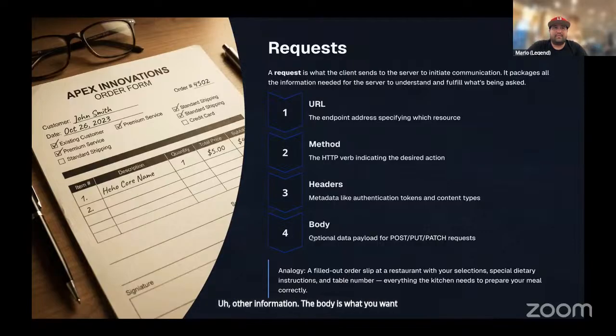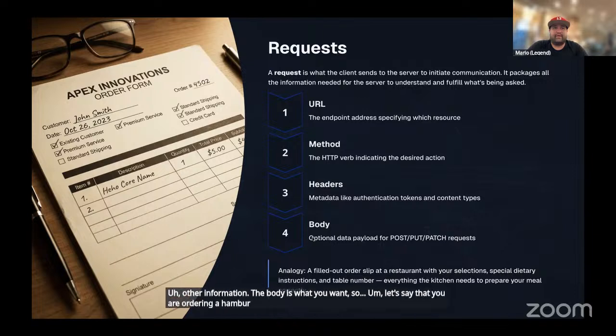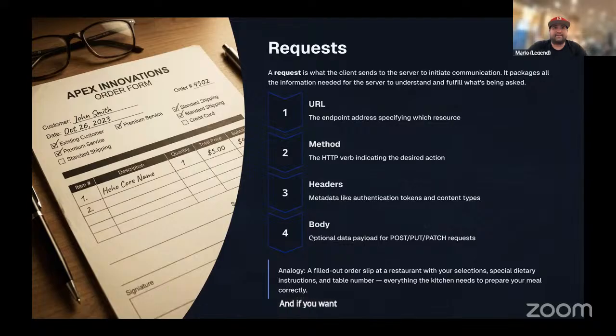So let's say that you are ordering a hamburger from a restaurant and you want to ask the kitchen to make you that hamburger. The body is going to be what you do or don't want in terms of toppings on the hamburger. The headers are going to be you handing them your credit card.